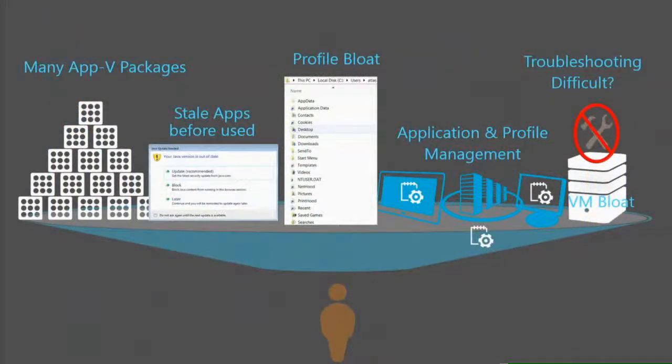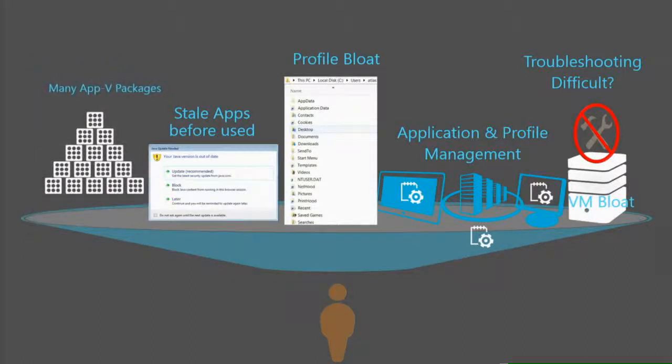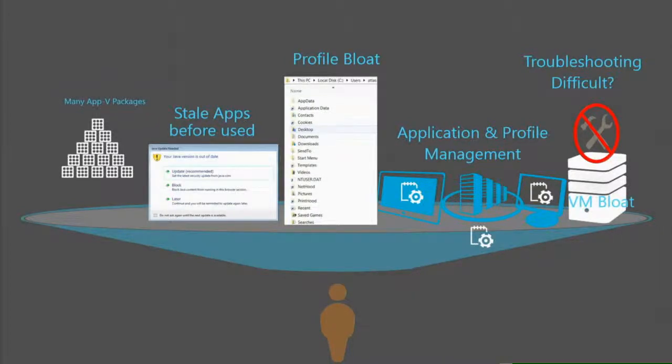Excellent. So what we've done in this segment is we've taken some of that burden away from you. We haven't entirely removed the burden because you still have 4.6 packages. But those of you who've been trying to think about, well, how can I make UE-V packages easy? We've now given you a way to do that.